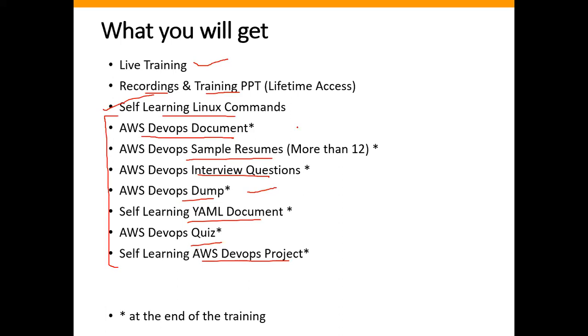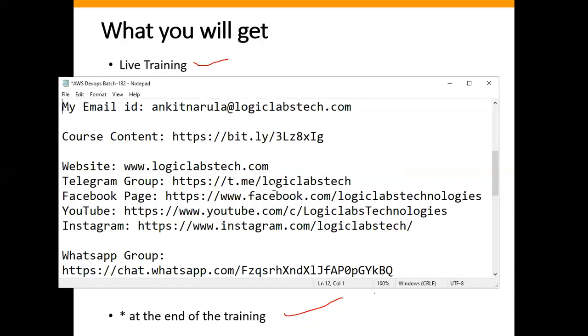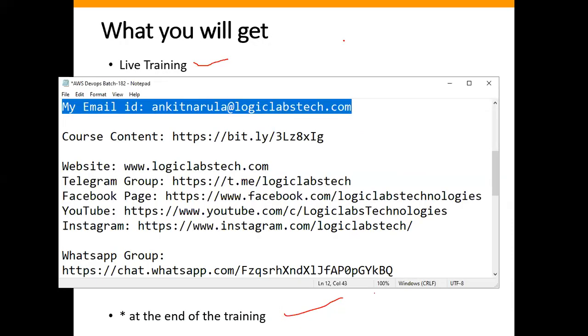These are the things you will get at the end of the training. Whenever you have any doubt while practicing, you can email me, but make sure you mention your batch.